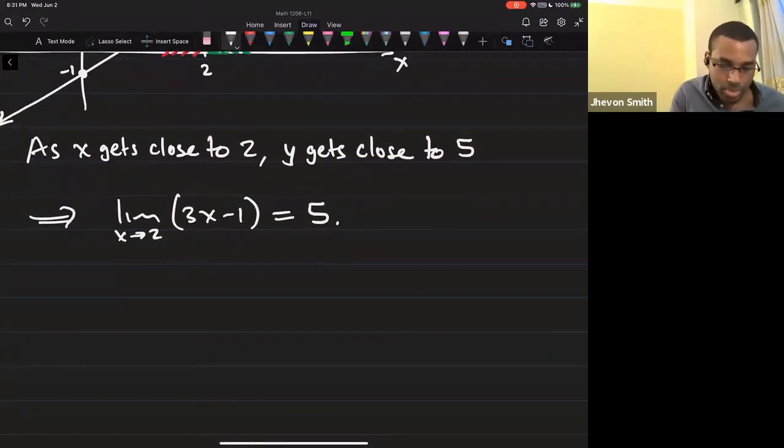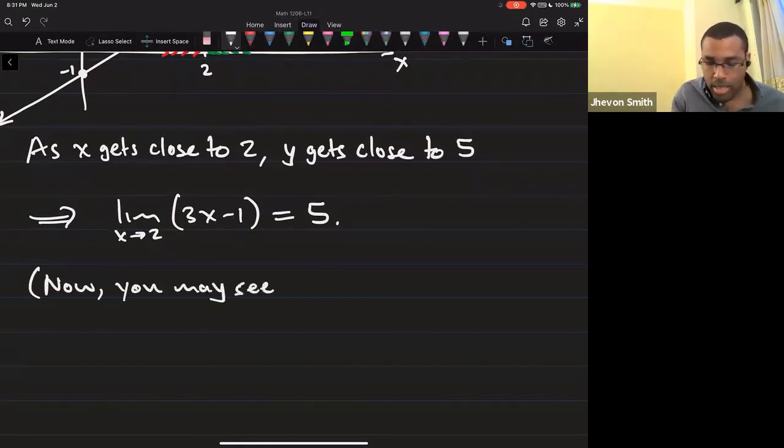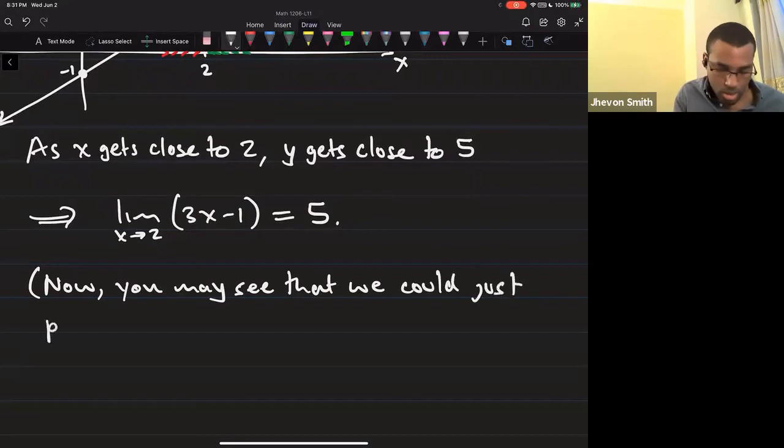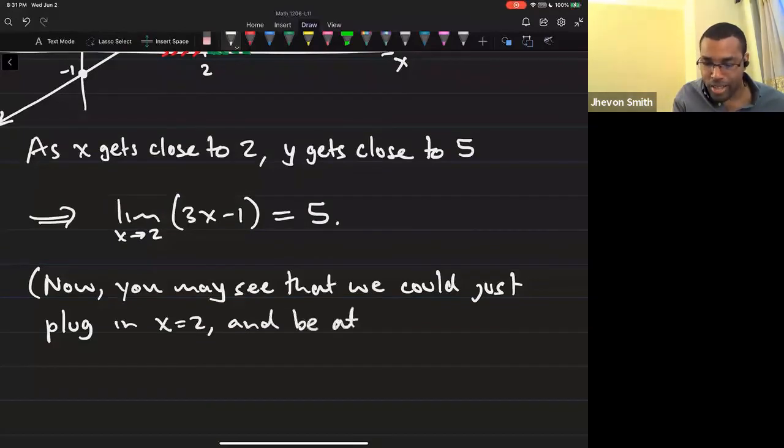Now, you may see that we could just plug in 2 and be at 2. So why are we worried about getting close?